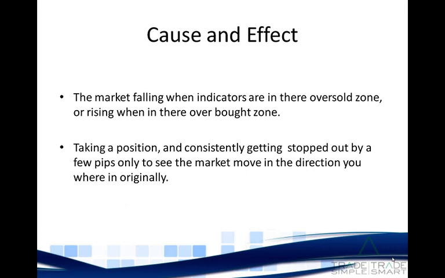Again, because many traders will blindly follow these oscillators, as soon as the indicator enters into an overbought zone, their bias will be to sell, and vice versa. When the indicator moves into the oversold zone, their bias generally automatically looks towards the buy side. Now, this is done by design.